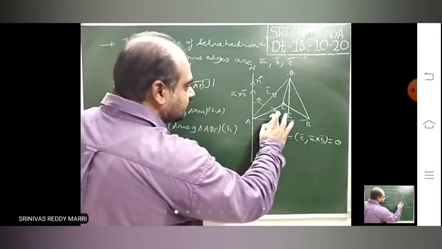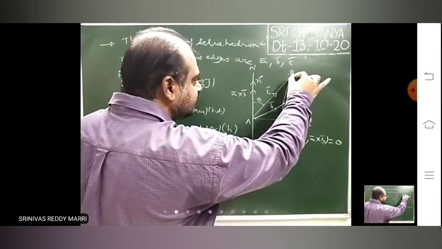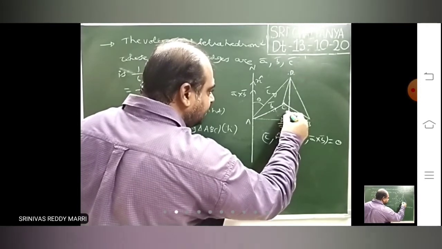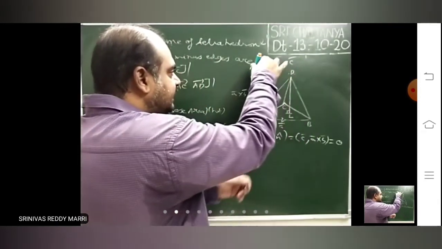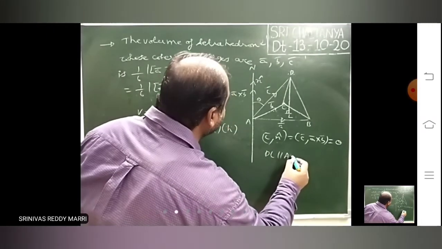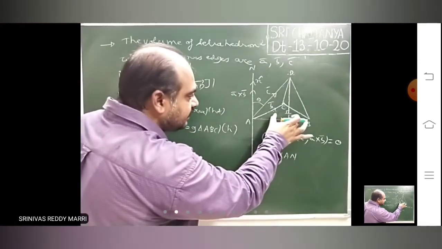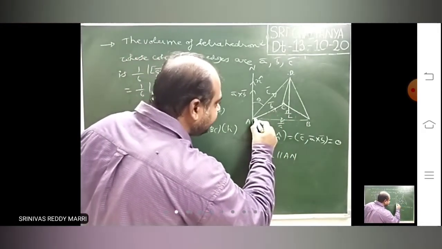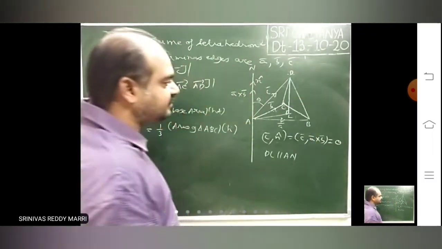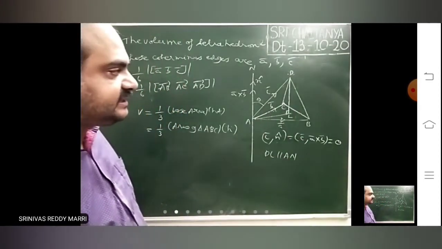Now look at this. This is the height. DL is perpendicular to the plane. That means DL is parallel to AN, the normal line. Any vector in the plane of the paper, like AL in the plane ABC, will be perpendicular to it.